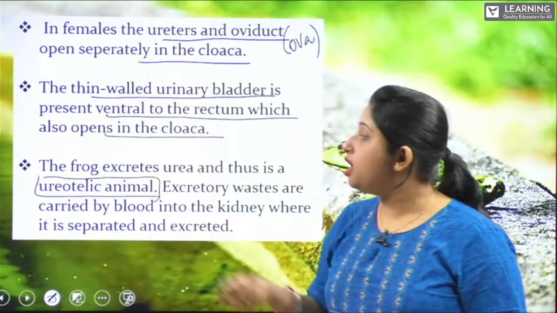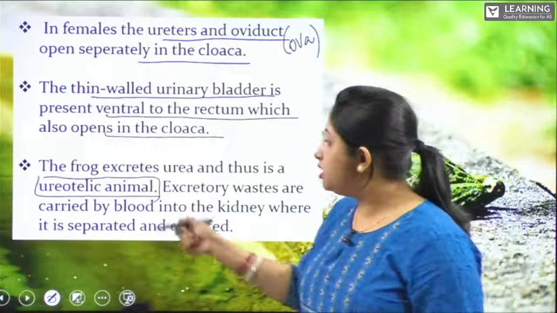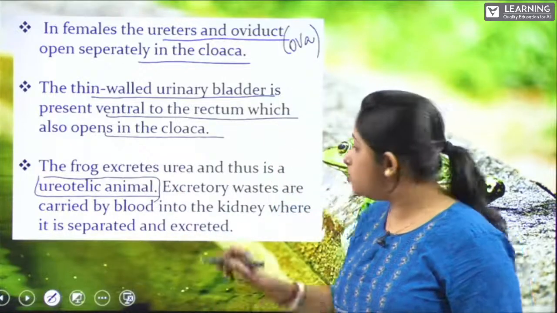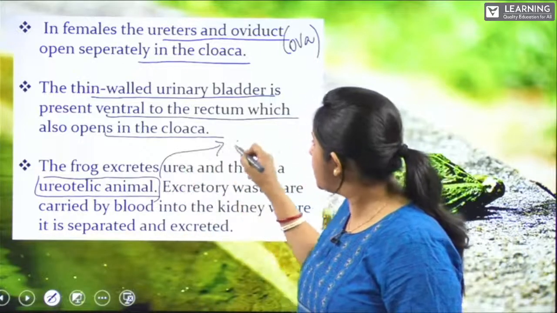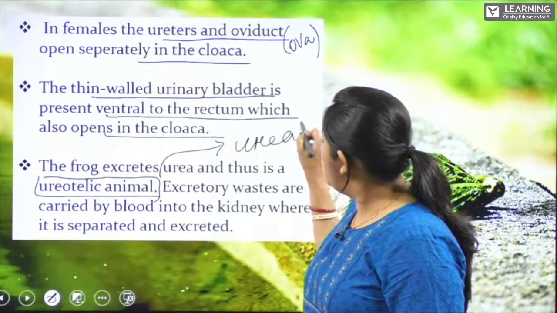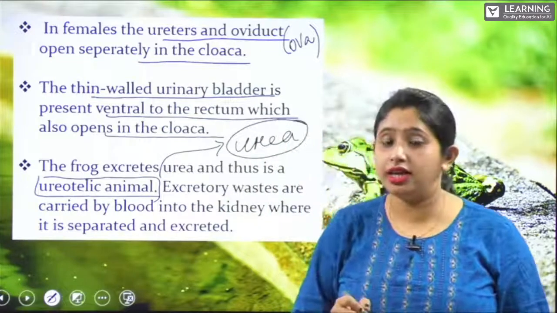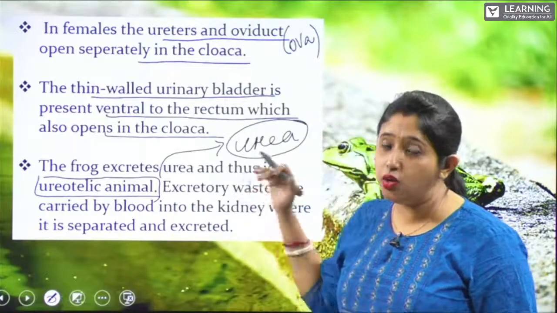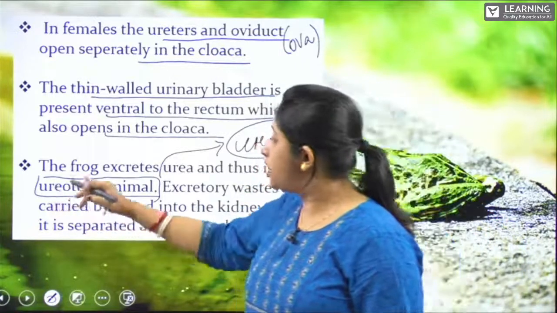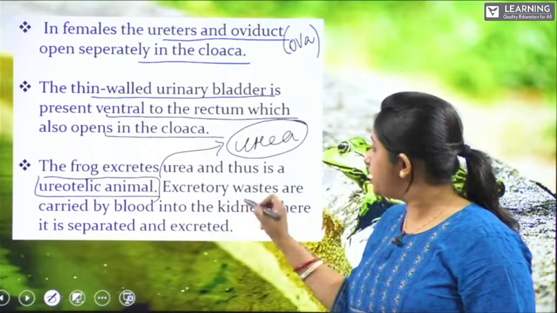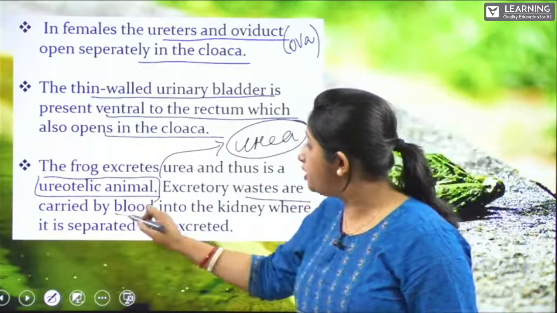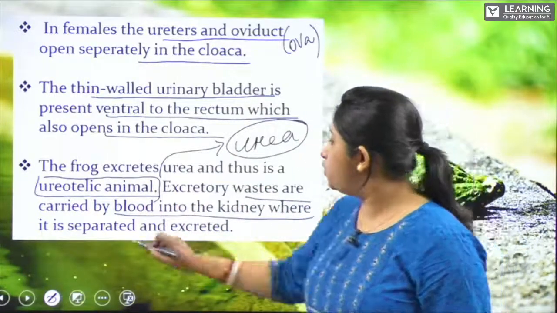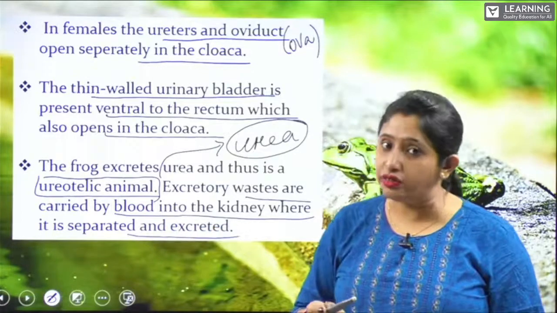Frogs are also known as ureotelic animals. Why are they known as ureotelic animals? Because they excrete urea. The excretory product of the frog is urea, so that's why they are known as ureotelic animals. The excretory wastes are carried by the blood to the kidney, where they are separated and excreted.